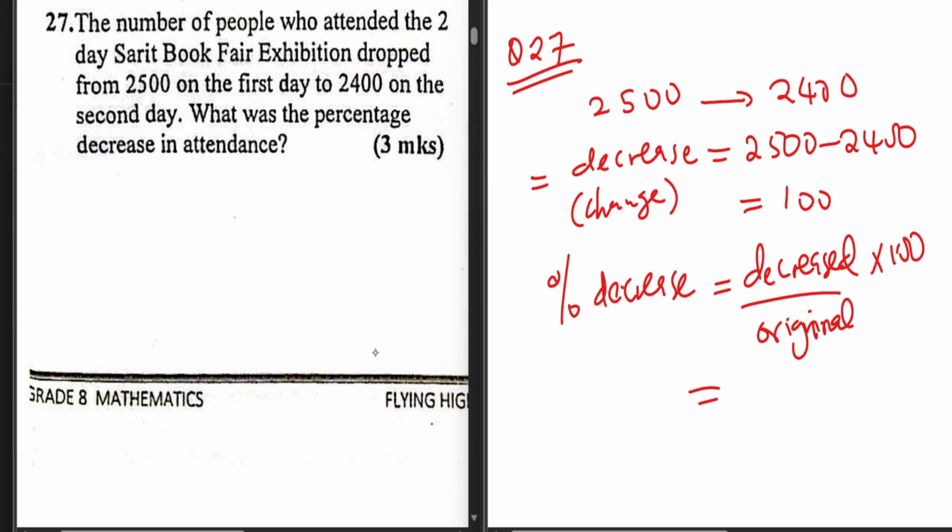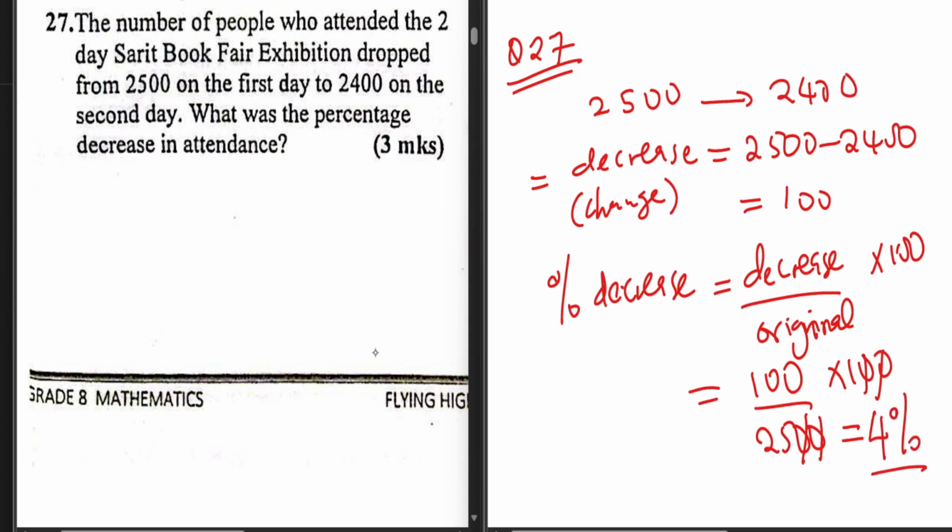So the decrease is 100 over the original being 2,500, because originally it was 2,500. Then multiply by 100. So this one cancels out. You remain with 100 over 25. 25 goes into 100 4 times. So there's a percentage decrease of 4%.